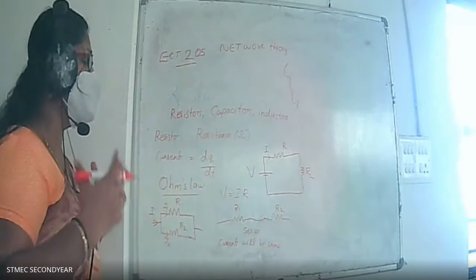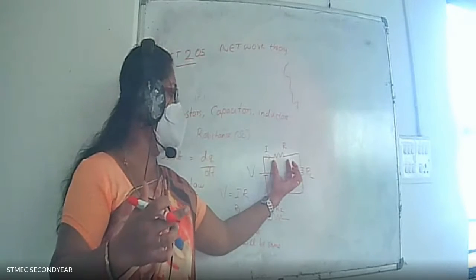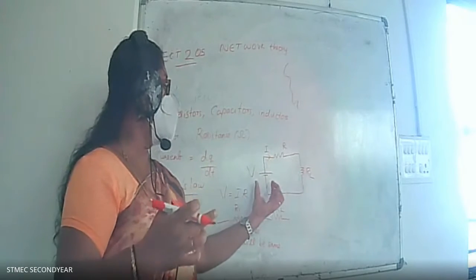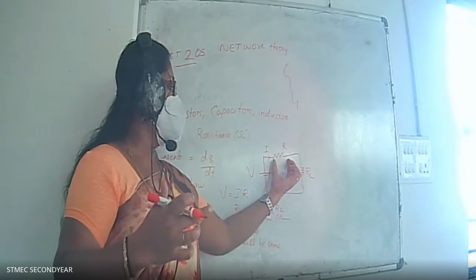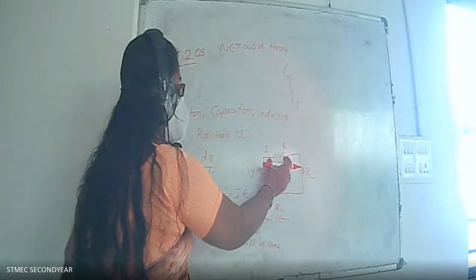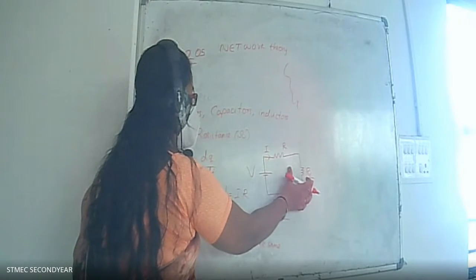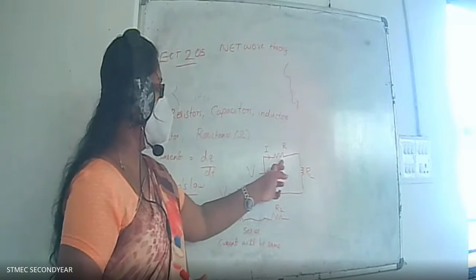So Ohm's law is used to find out the voltage drop across a particular component. Suppose we are having the total voltage V and we want to find out the voltage drop across R, and the voltage drop across RL. So what will be the voltage drop across R?